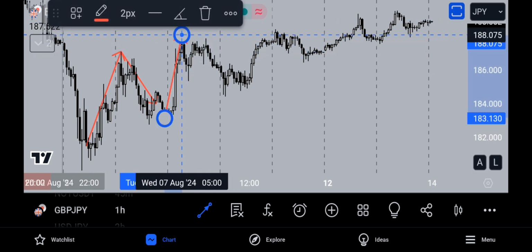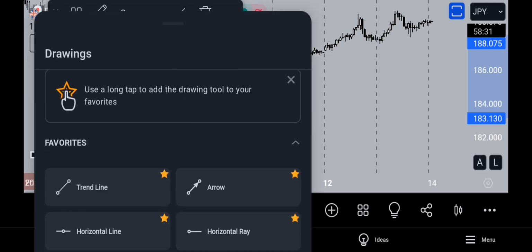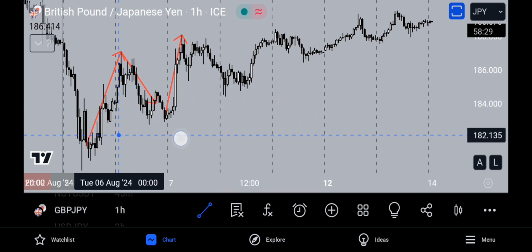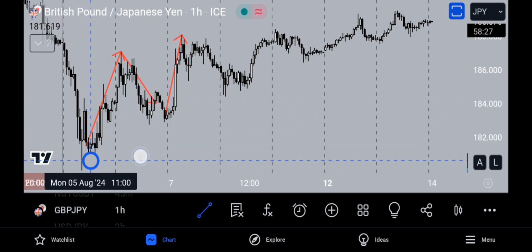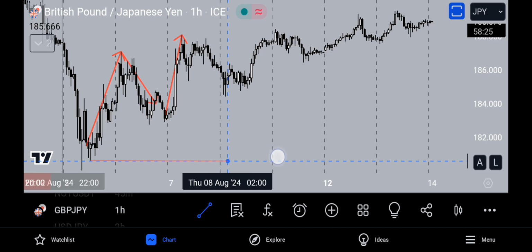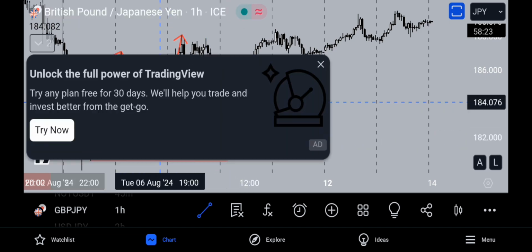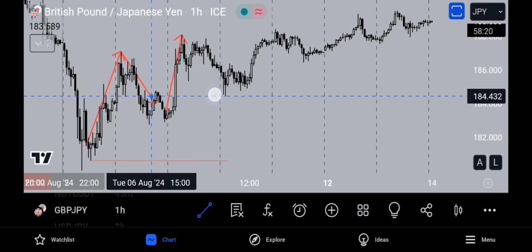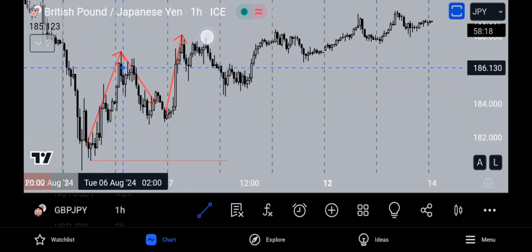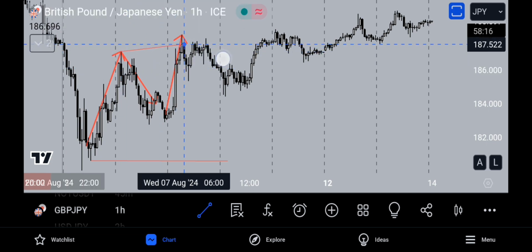Now remember what I told you, whenever we are creating new swing lows and swing highs, what are we doing? In simple terms, we are going from a swing low, then what are we doing? We are attacking what, a swing high, which is up here. For example, we are attacking a swing high over here.